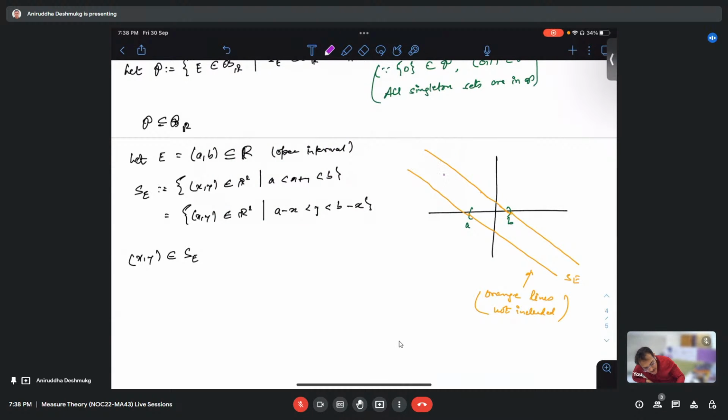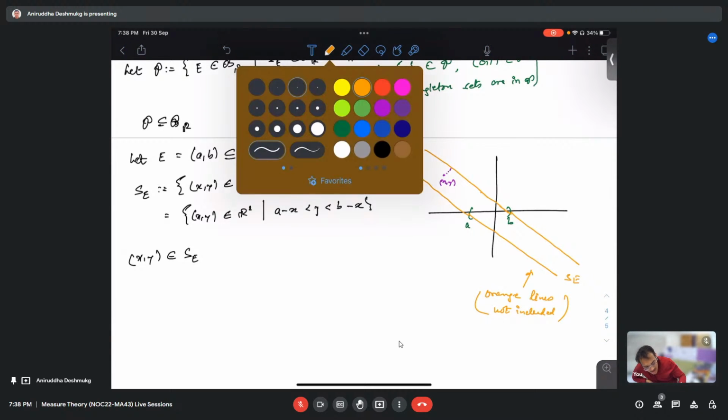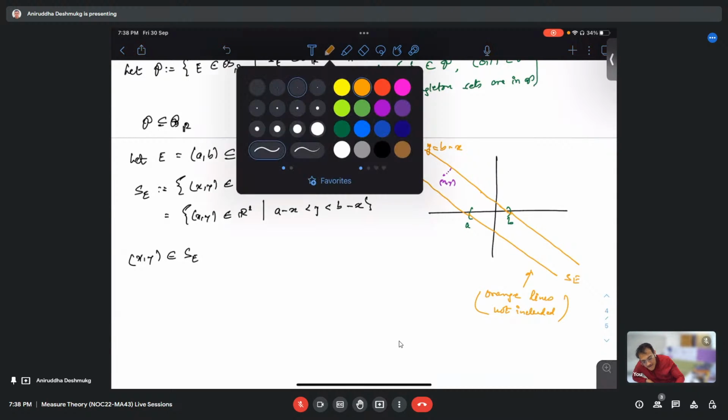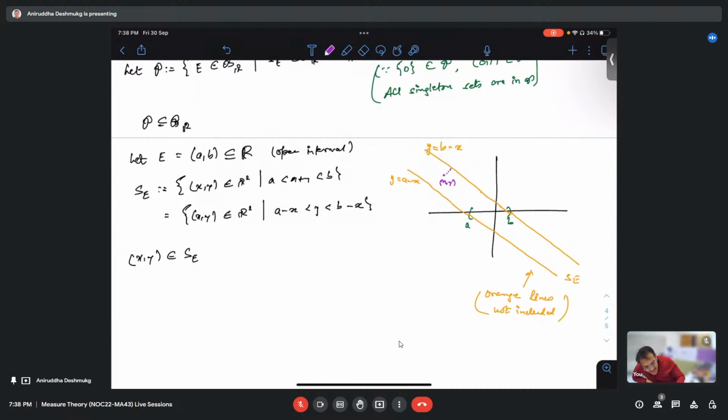Let us look at some point xy here. Let us first mention what these lines are. This line says y is equal to B minus x. This is y is equal to A minus x. Let us look at this distance and call it D1.